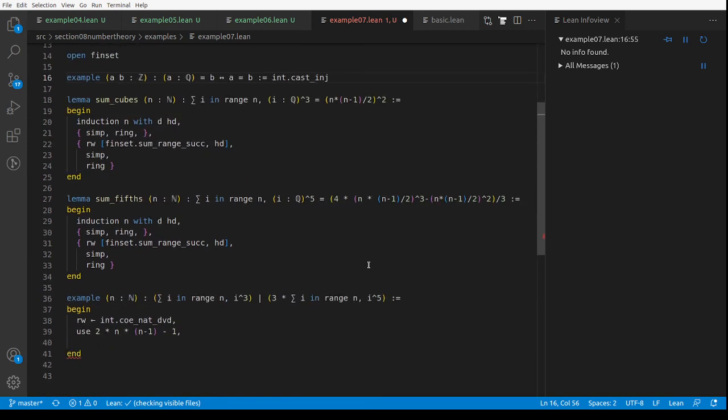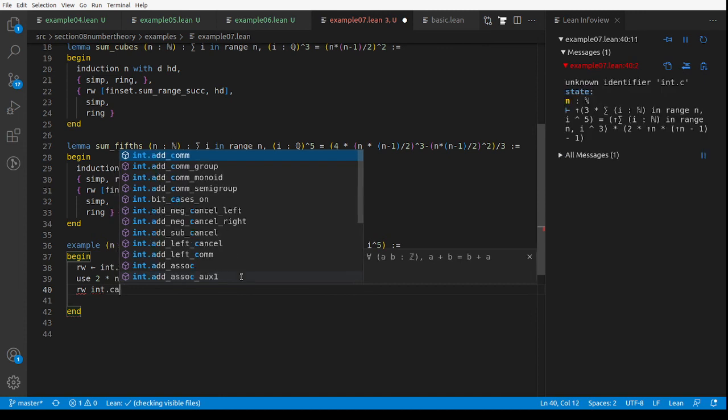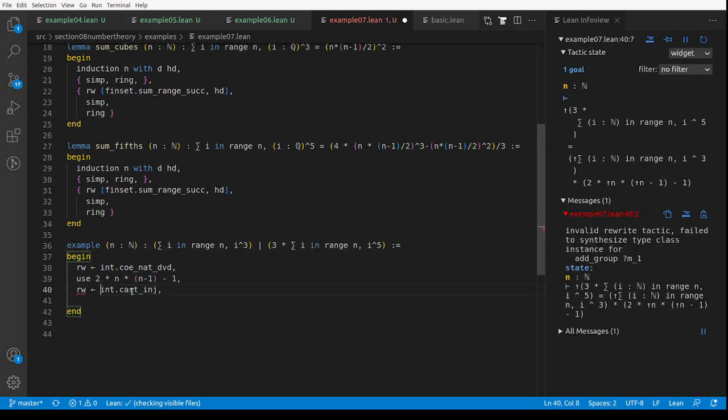Yeah, okay. So let's try that. Rewrite int cast inj. I'm a bit worried. So I need to go this way, but then it won't know where to cast them to. Yeah.